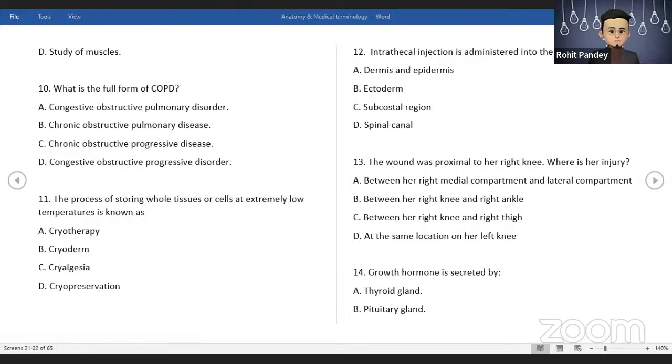Let me tell you about cryopreservation. Cryopreservation is a process that preserves organelles, cells, tissues, or any other biological constructs by cooling the sample to very low temperature.